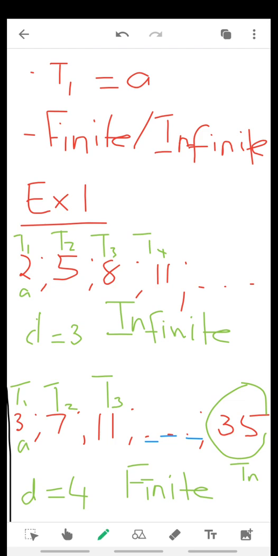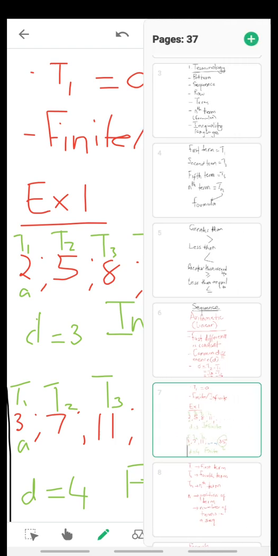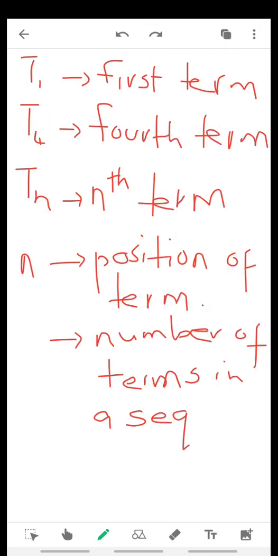It's 8. Meaning in the third position, the value of the term is 8. That comes from n. N represents the position of a term, but can also represent the total number of terms in a sequence. I've written both of those points, and you need to make sure you understand them.